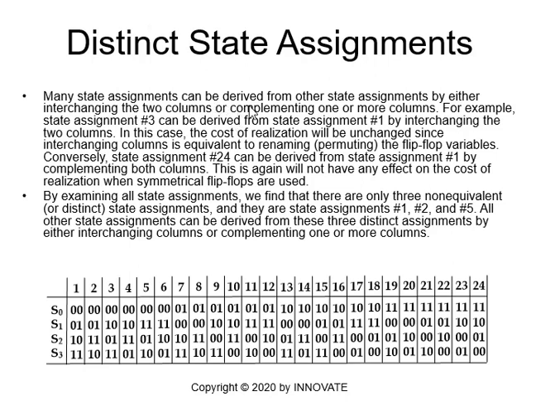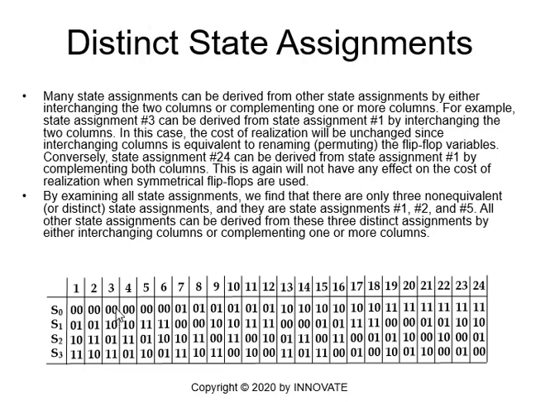Because many state assignments can be derived from other state assignments by either interchanging the 2 columns or complementing 1 or more columns. For example, state assignment number 3 can be derived from state assignment number 1 by interchanging the 2 columns. So, for instance, I have 0,0, 0,1, 1,0, 1,1. If I interchange the columns, I will get 0,0, 1,0, 0,1, 1,1.